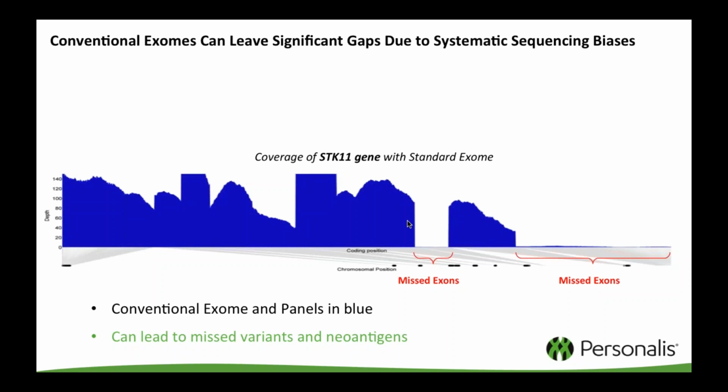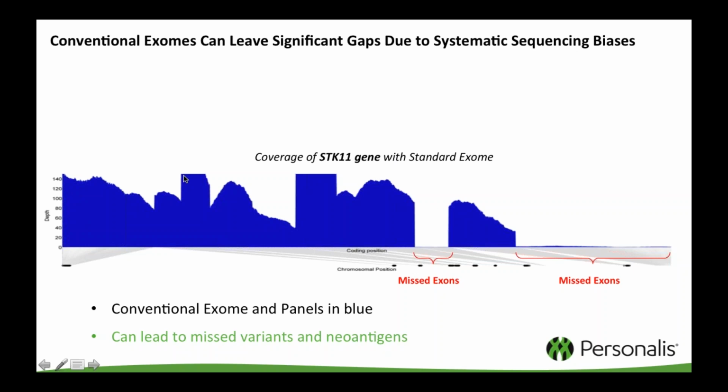Unfortunately, the issue with conventional assays is that standard whole exome and whole transcriptome assays have gaps and inconsistencies in coverage. For example, we've demonstrated this here by showing you a sequencing plot of the STK11 gene, using a standard exome assay. This plot shows you all the exons concatenated together on the x-axis, and the read depth is shown on the y-axis. If we look across this gene, so gene-wide coverage, you have what I like to call peaks and valleys in sequencing coverage.